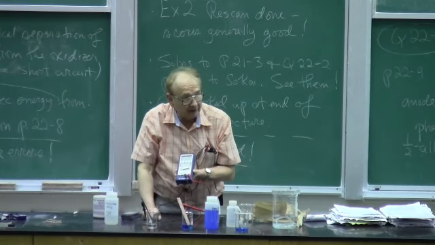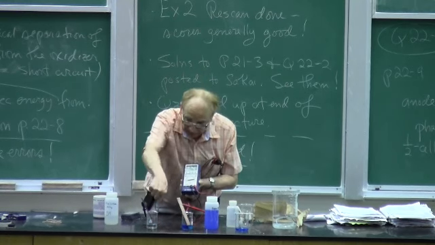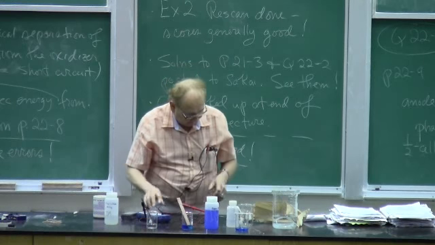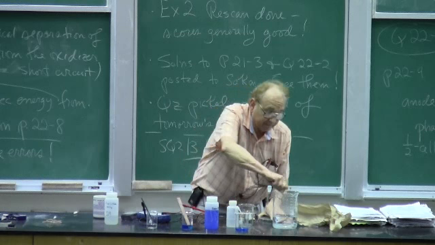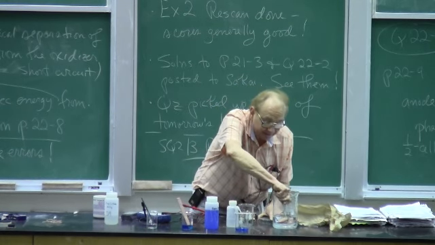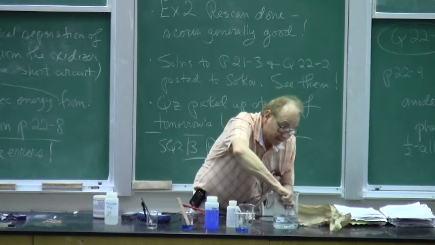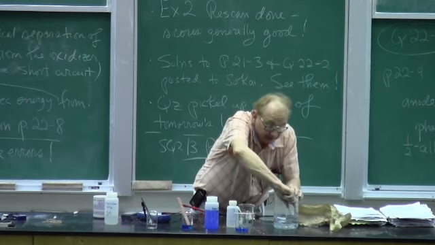But I don't have a complete circuit, because I've not yet provided a path for electricity to flow from this beaker back to this beaker. So let's provide that path. For demonstrational purposes, that path is commonly provided by this kind of gadget. I don't know who made these things, but they didn't do a very good job. That's all right, we'll survive.